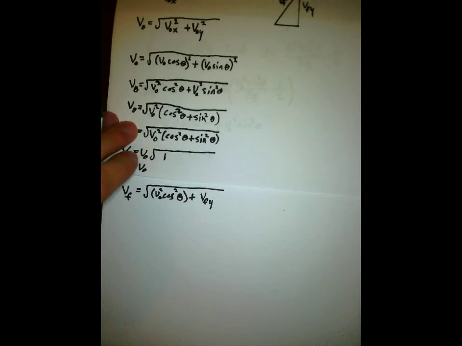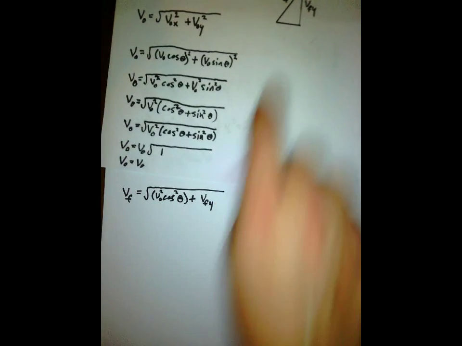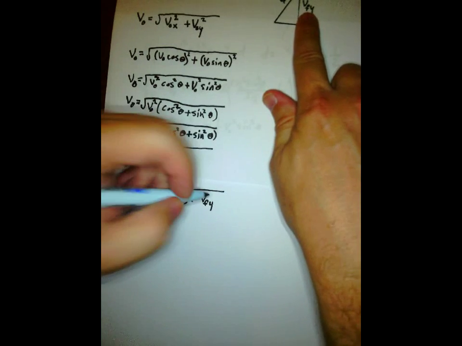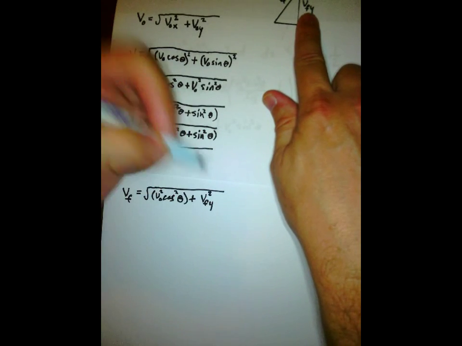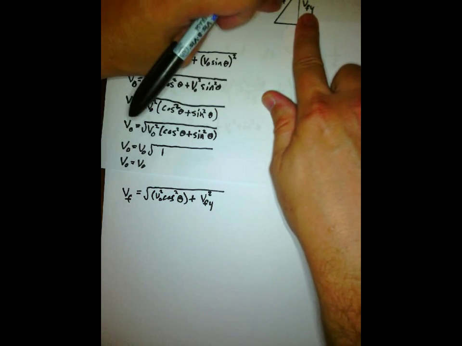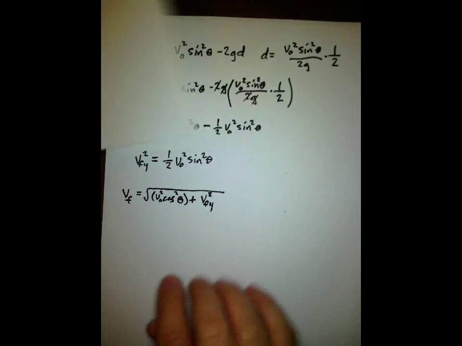So that's what we're doing here. We have squared this, it's here, and then we're going to take this, square it, we add them together, take the square root, we get V final. Okay?